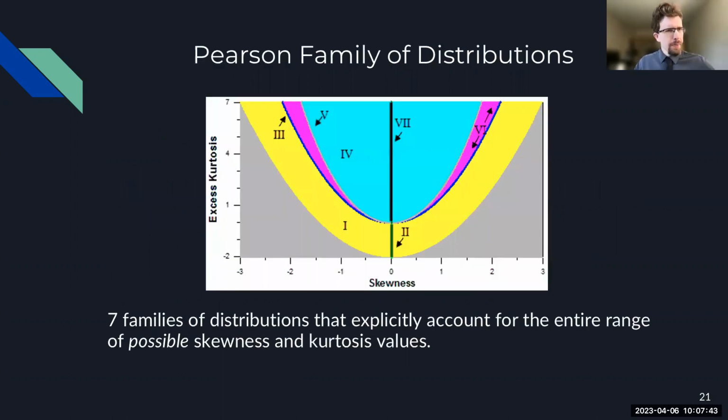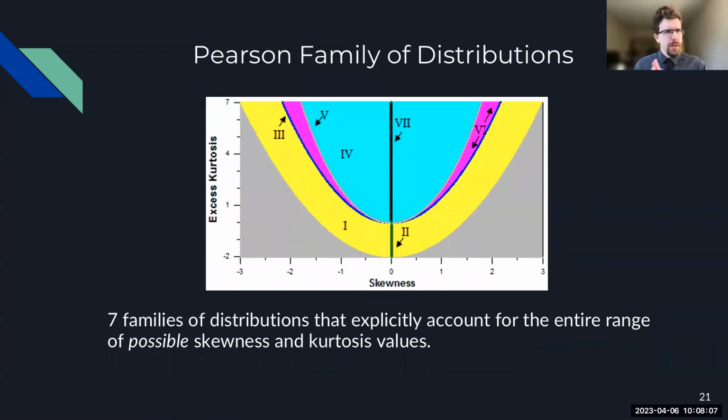So a little bit about the Pearson family. There are seven distributions, seven families that explicitly account for the entire range of possible skewness and kurtosis. That's what we're seeing here on this graph: all possible ranges of skewness and kurtosis, and each wedge here is associated with a family, 1 through 7.